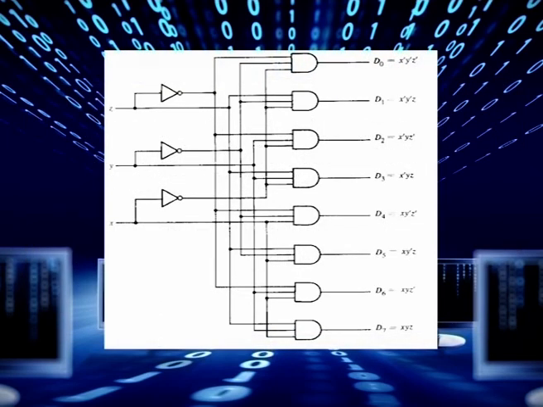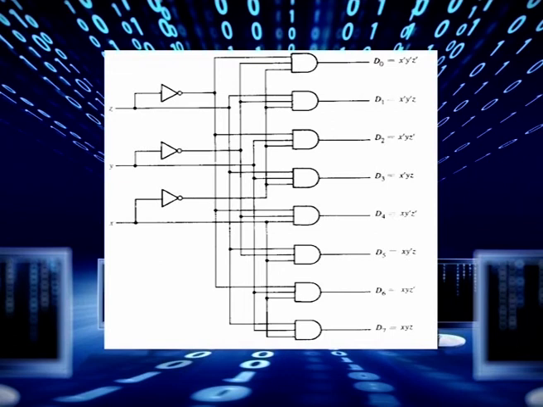As we can see in the figure, we have a 3 to 8 decoder where we have 3 inputs and 8 outputs. The logic circuit has 3 inverters which provide the complements of the inputs, and each one of the 8 AND gates generates one of the minterms. A particular application of this decoder would be a binary to octal conversion.